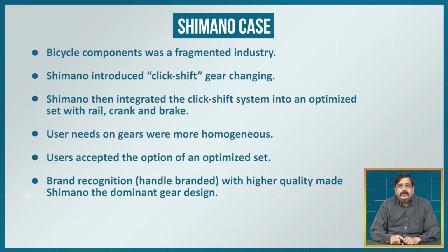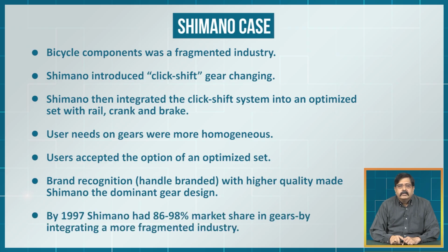This actually also enabled them to get more visibility, along with the higher quality, made Shimano the dominant gear design in this market. By 1997, Shimano had 86 to 98% market share in different markets in the area of gears. They did so by integrating a more fragmented industry into creating a kit which was far more effective from the user's point of view.